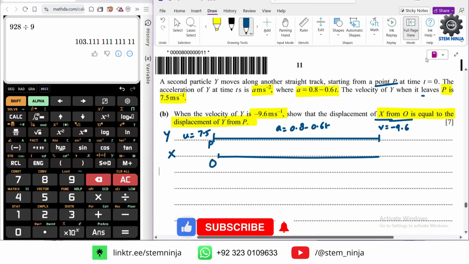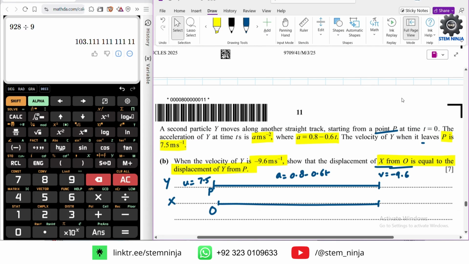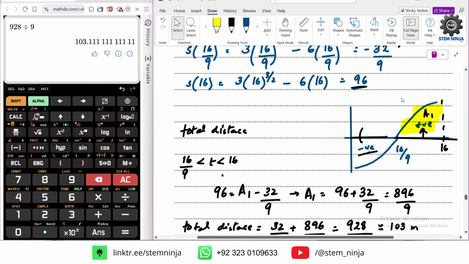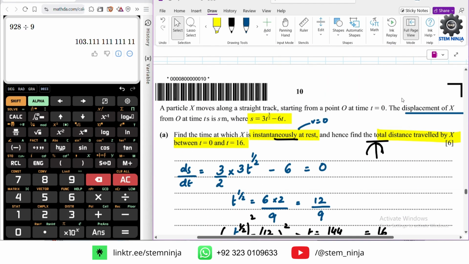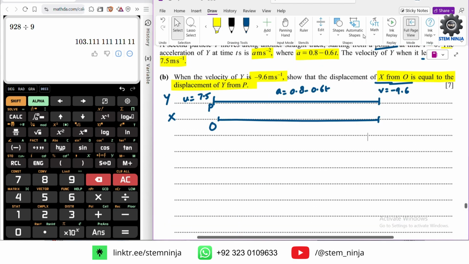Now the x was when the velocity of y is minus 9.6. So the displacement would be equal to x from O. This is the displacement equation, right? 3t over 2 minus 6t.